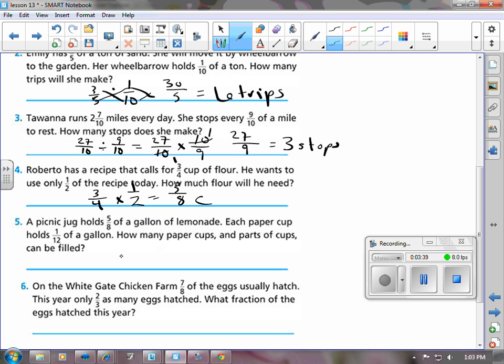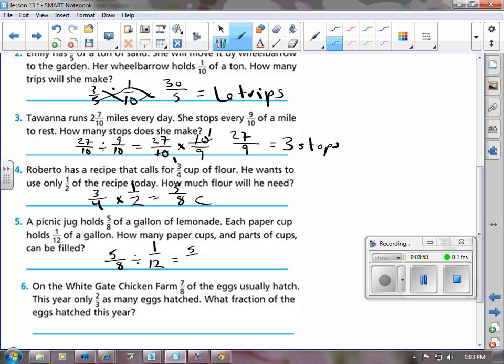Okay. A picnic jug holds 5/8 of a gallon of lemonade. Each paper cup also holds 1/12 of a gallon. How many cups? So we're going to take that whole 5/8 and we're going to divide it by 1/12 because that's what the cups hold. Cross multiply or flip it, whatever you want to do.